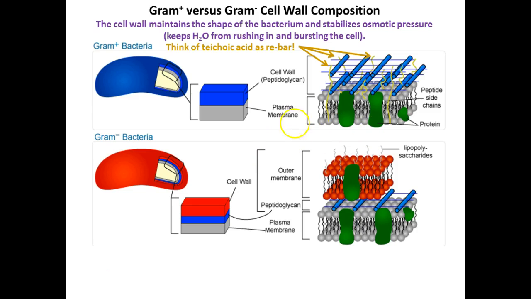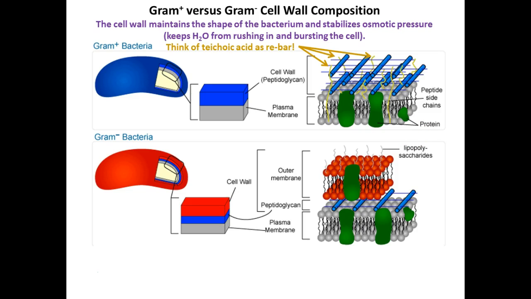These have their outer leaflet, instead of being phospholipids, made of lipopolysaccharides. So in addition to having a phosphate head and those fatty acids, those lipids, they have additional pieces that stick up that are made out of sugar. Saccharide is another name for sugar, and of course poly means many sugars.